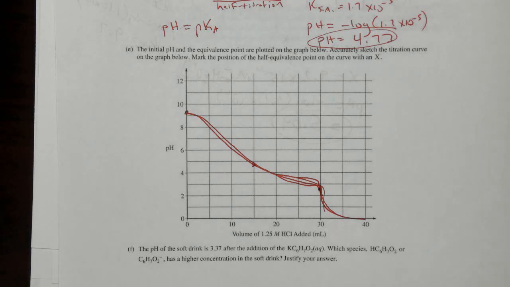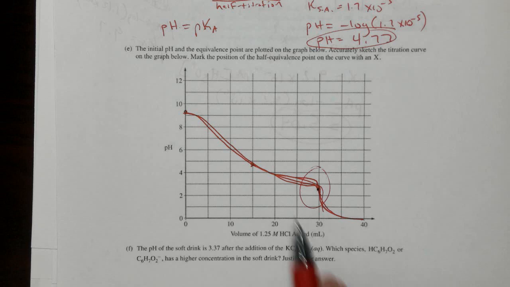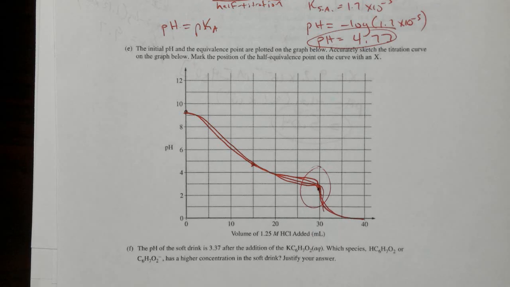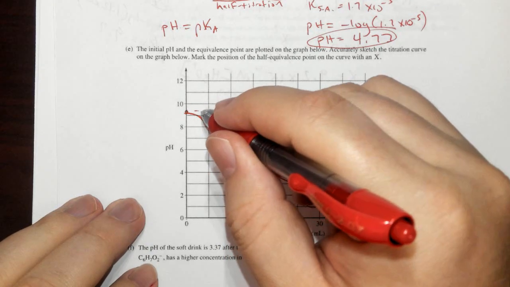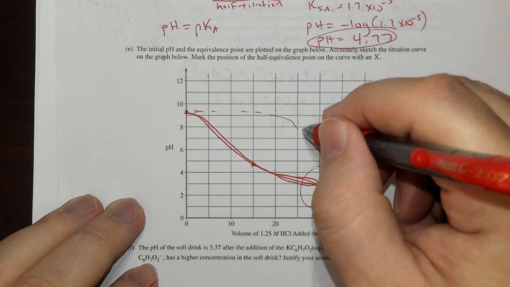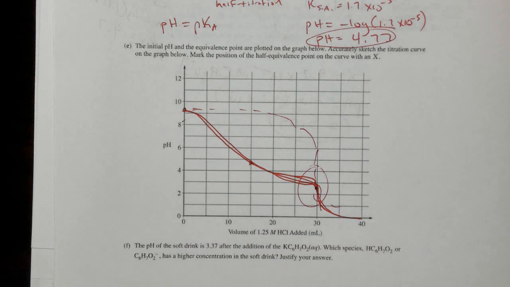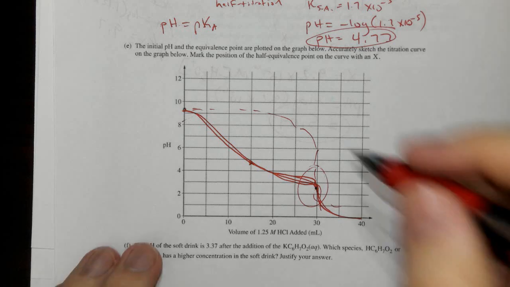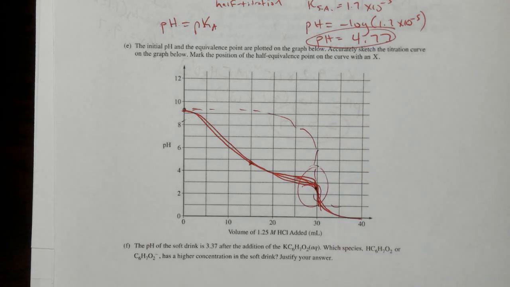If you remember, we talked about the weaker the base and the weaker the acid, the shorter this vertical section is going to be. This is a disaster because my hand slipped, but it would be something like that. What they don't want to see is this one, because this particular situation is nowhere near that steep. It's going to be a very narrow, very short transition.